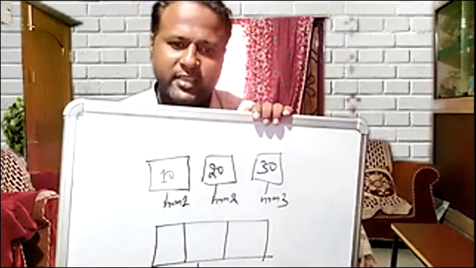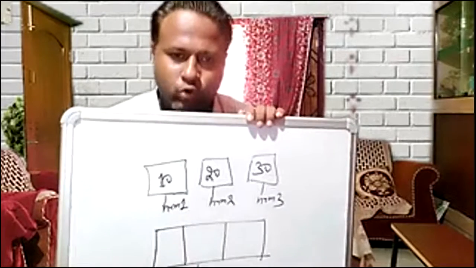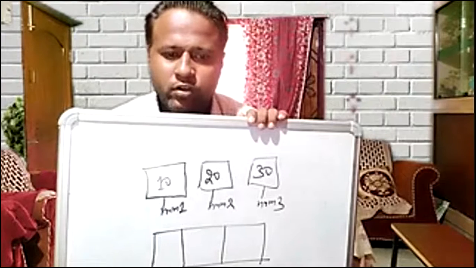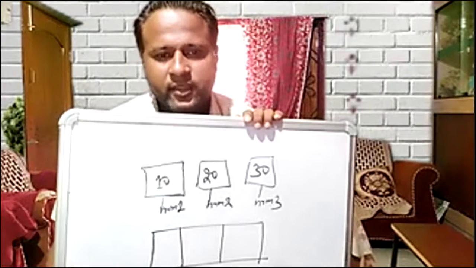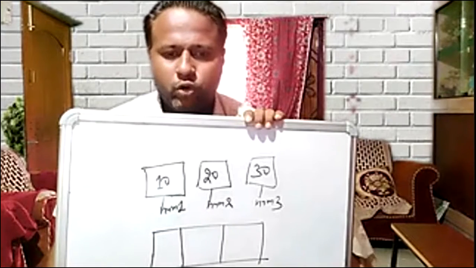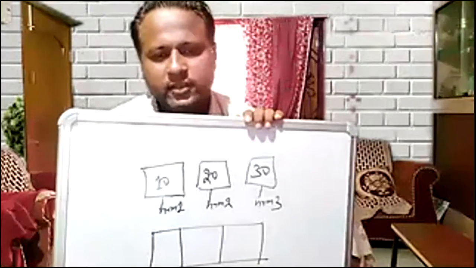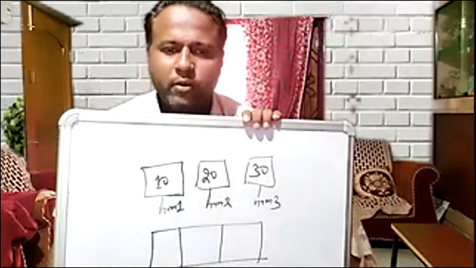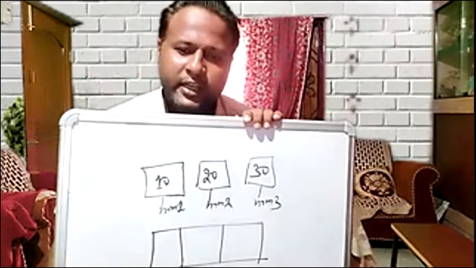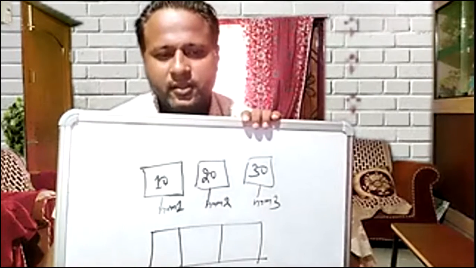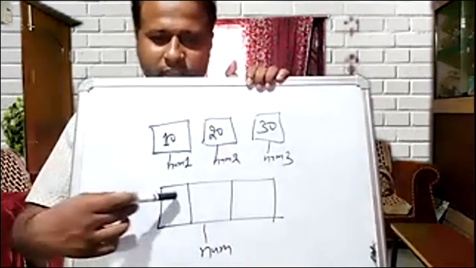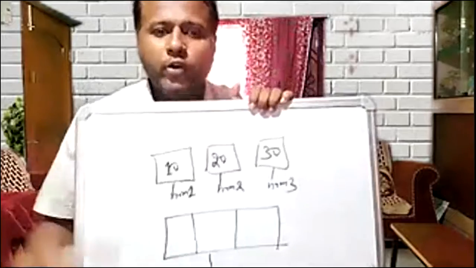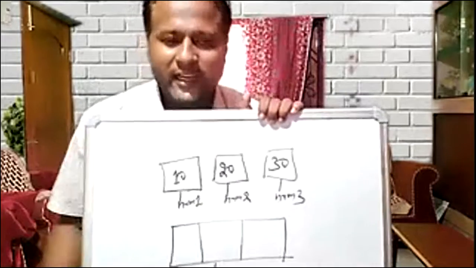If anybody asks you to show norm1, you call norm1 and it gives you 10. If somebody asks for norm2, it gives you 20. If somebody asks for norm3, it gives you 30. But if you store these values in one location, how do you call them? How do you identify them?